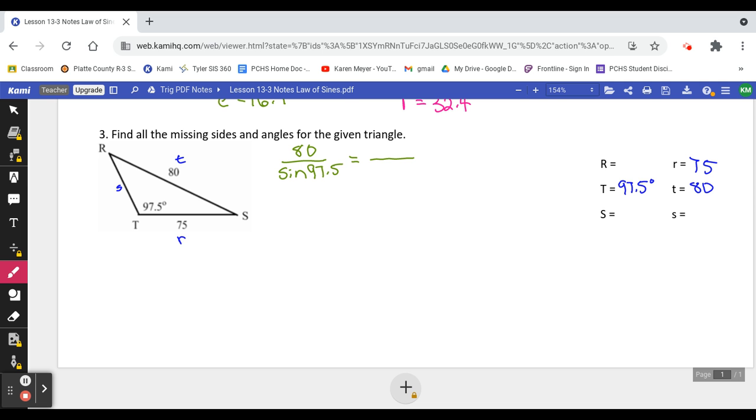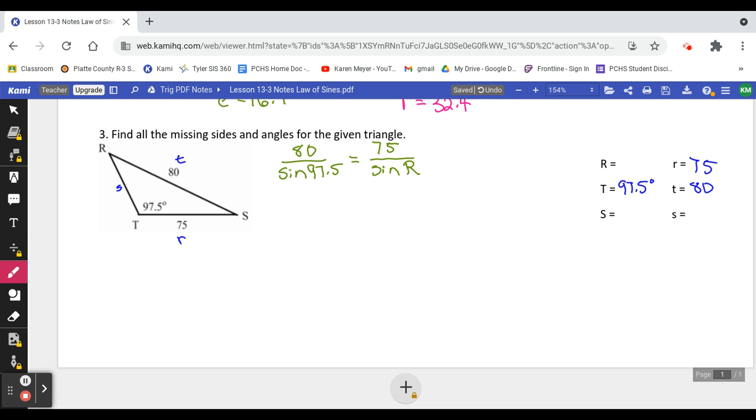Now, I have to choose R. I can't choose S because I don't know either one of the S's, and I can't have two unknowns. So I have to find big R first. So little r is 75 over the sine of big R.